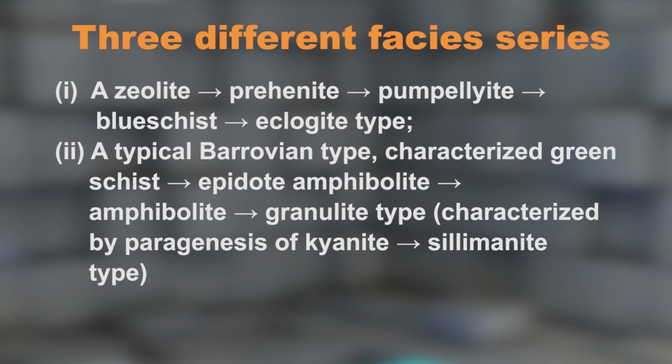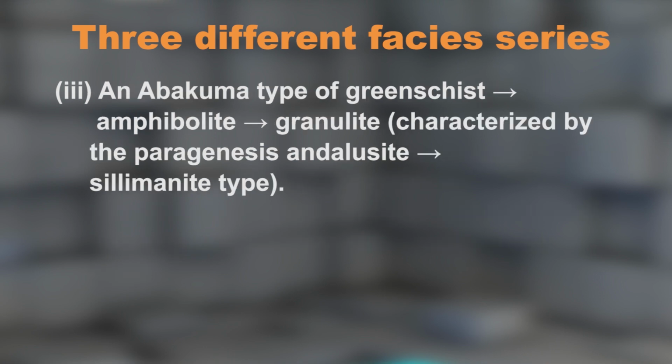Second, a typical Barrovian type characterized by greenschist, epidote-amphibolite, granulite facies, characterized by paragenesis of kyanite, sillimanite type. And third, an Abukuma type of greenschist, amphibolite, granulite, characterized by paragenesis of andalusite, sillimanite type.